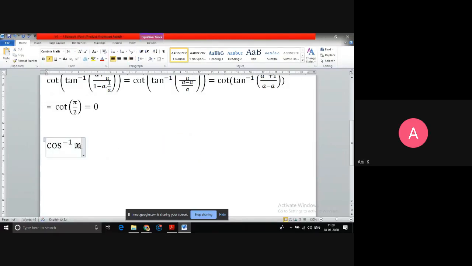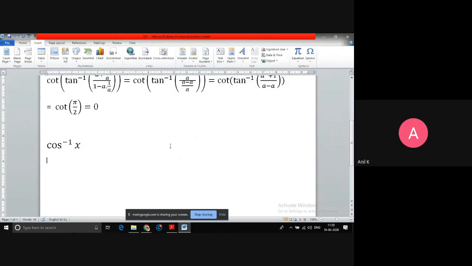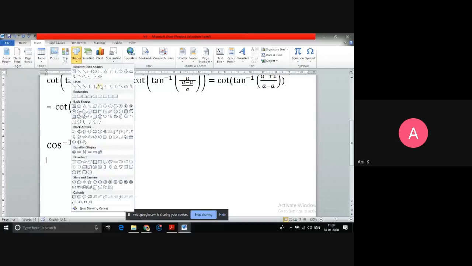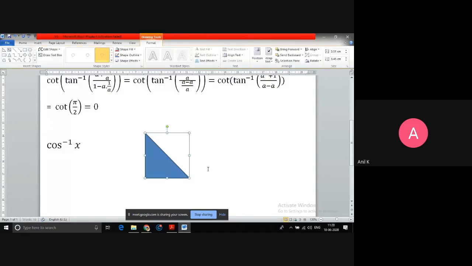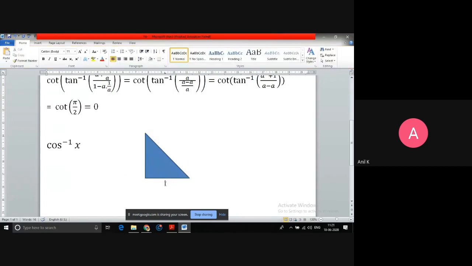You can write this as x upon 1. Let me take the right angle triangle. If I take this angle as theta, what is the cos definition? Adjacent upon hypotenuse. So my adjacent is going to be x and hypotenuse is going to be 1.